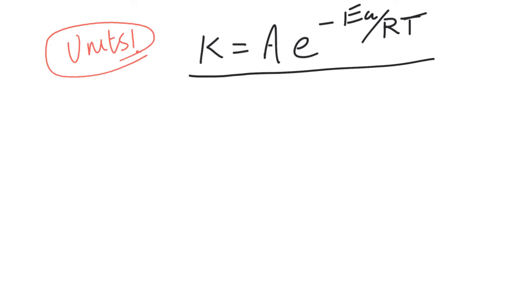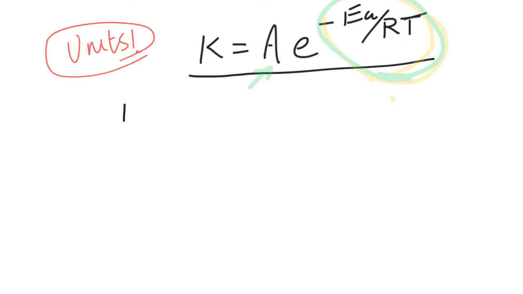Okay, so let's have a look at the units here. We're going to focus on the exponential factor first, and then we'll look at the pre-exponential factor. So initially, let's have a look at the units for EA.